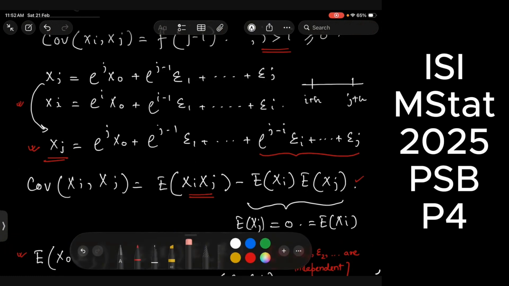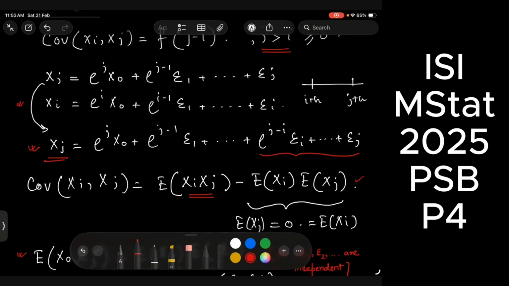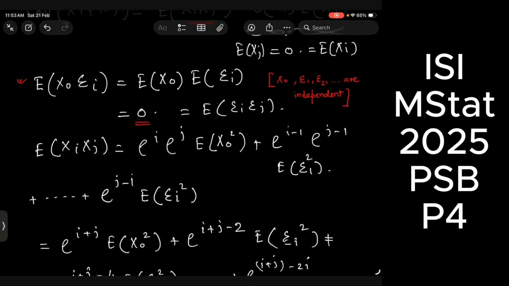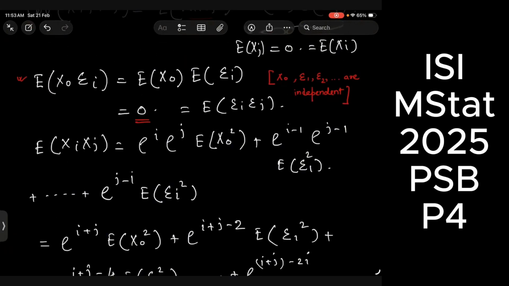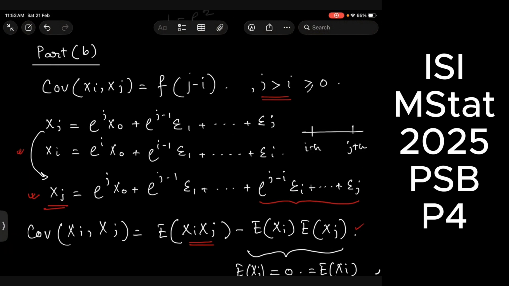Sorry, this xi. This is xi, okay. Tell me, if we start multiplying this xi term, so from the first term, what can you see?